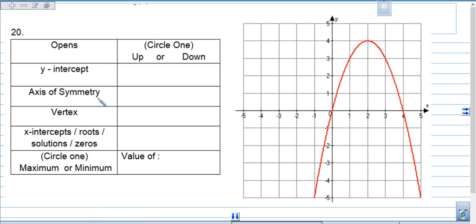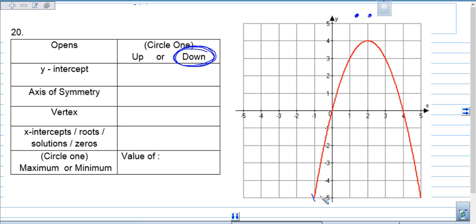And question 20. You're given a function that's graphed, and you're supposed to identify all of these parts from the graph. So, really simple. Which way does it open? Well, it's a sad face. Okay? So your frown goes down.